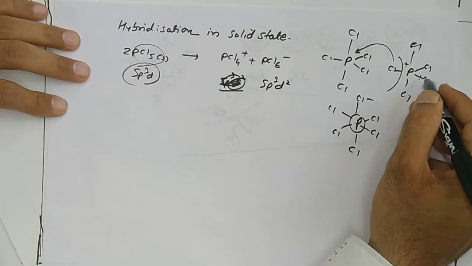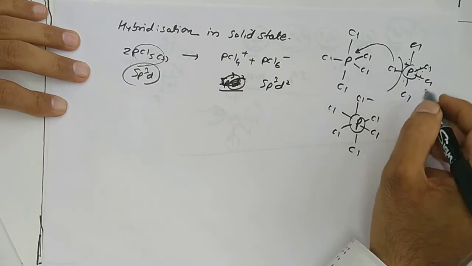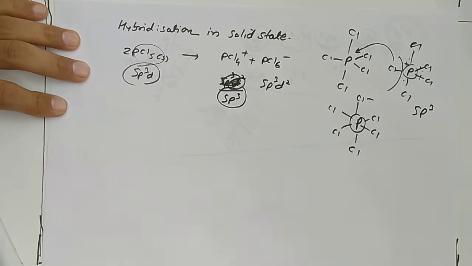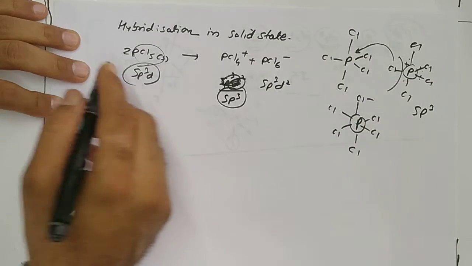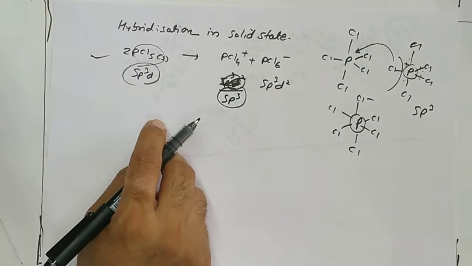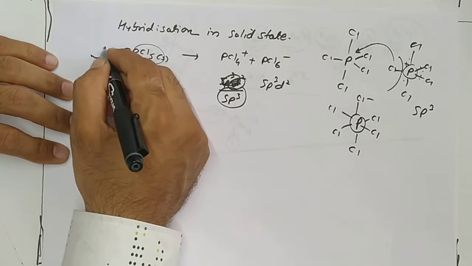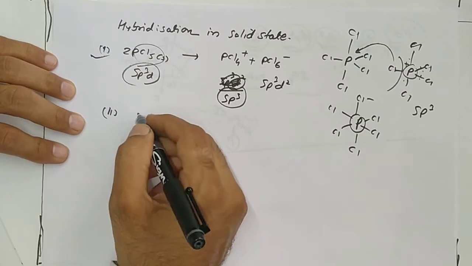For PCl4 plus, the bonding pair is only 4, so it is sp3. You can see in the solid state the shape is changed. Yes. This is also asked in exams.